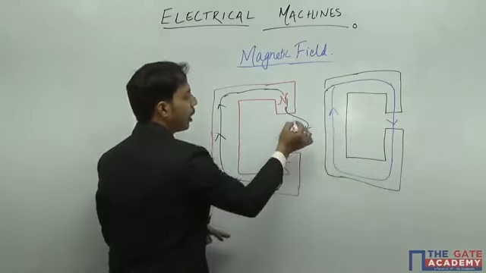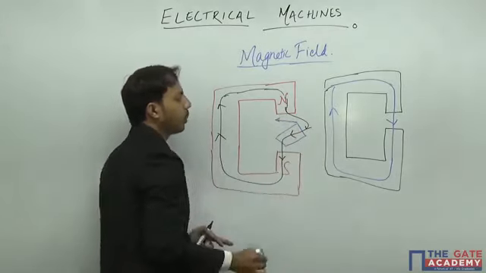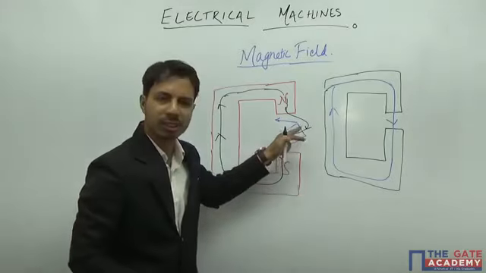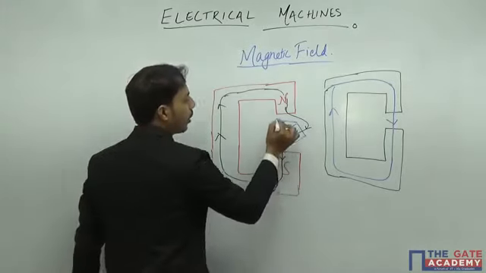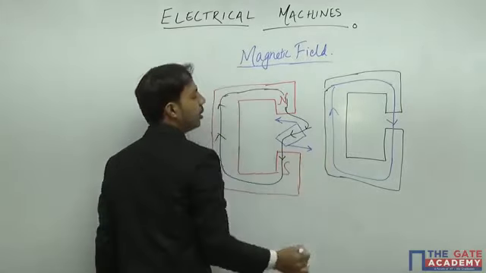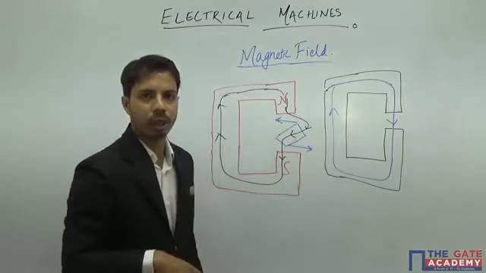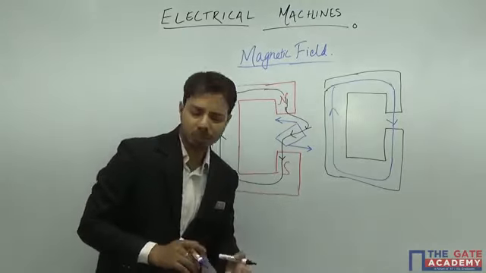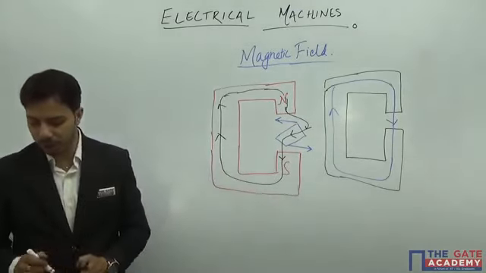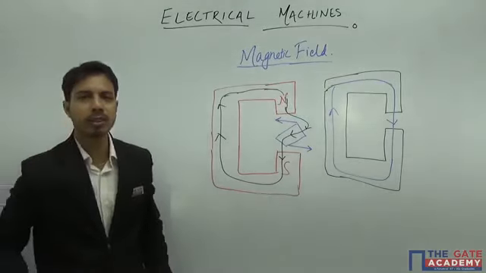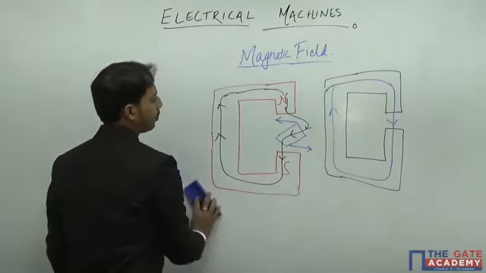So a force will be experienced on this particular bar or iron piece in this way, and it will rotate. Once we have a motion, it is going to rotate. So by applying this concept, the reluctance motor is derived.